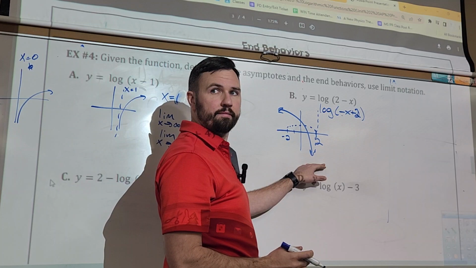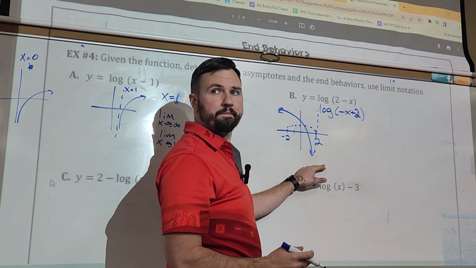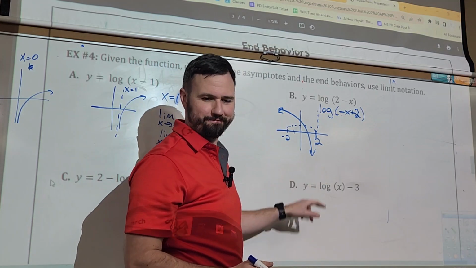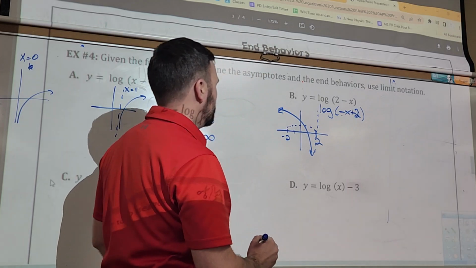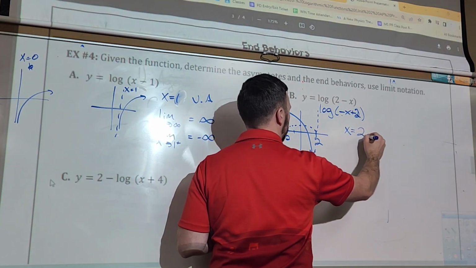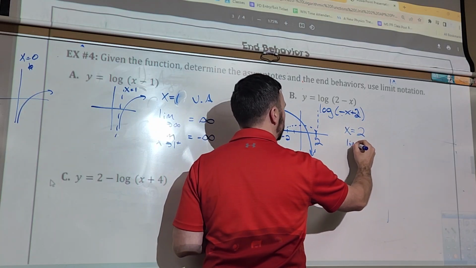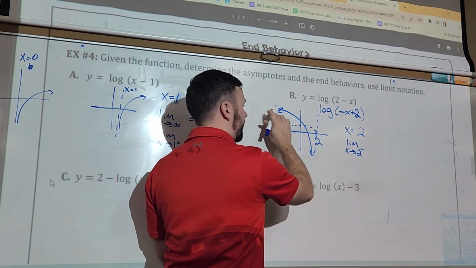Yep. So now I have an asymptote. My asymptote's at x equals 2. What's my limit as x approaches 2 from the negative side?